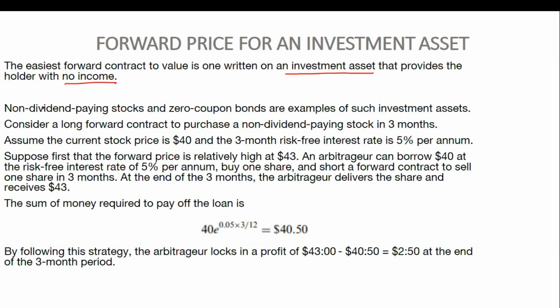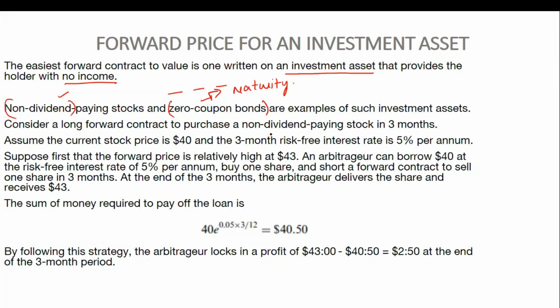So a stock which does not pay any dividend, or a zero coupon bond. A zero coupon bond is a bond where you receive money only at maturity, right? So no interest, no coupon during the term of the bond. So both of these do not provide any income during the life of the contract, correct?